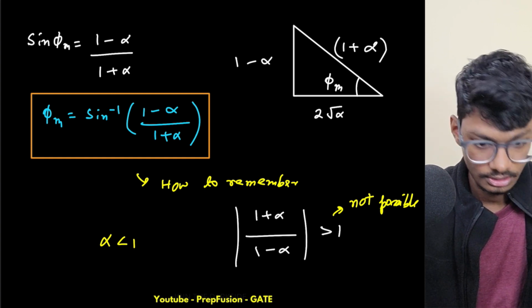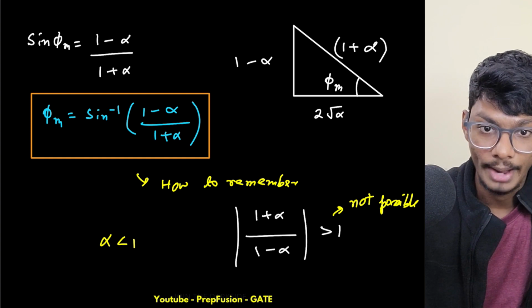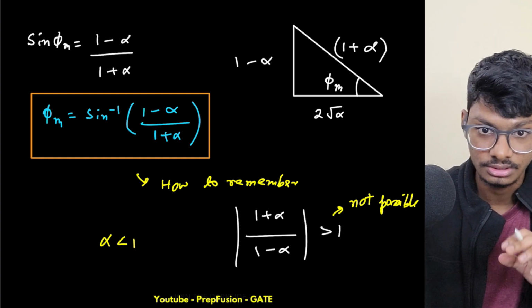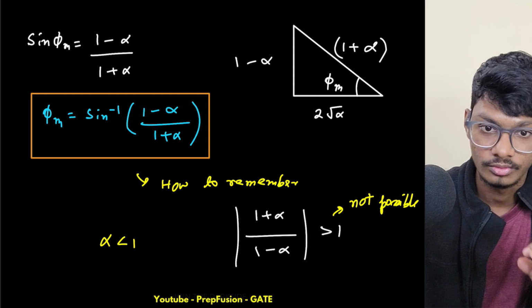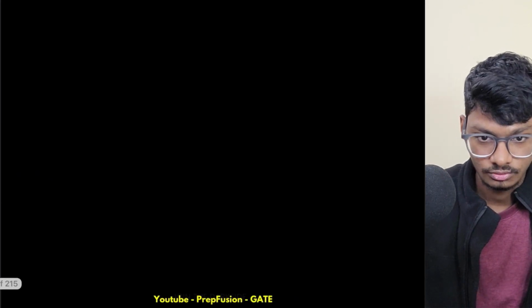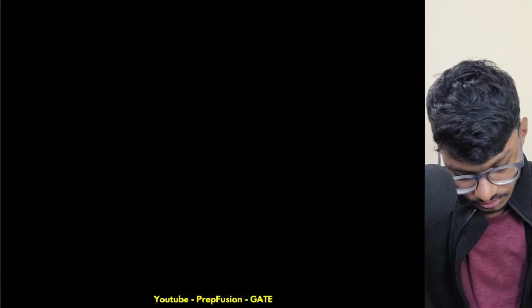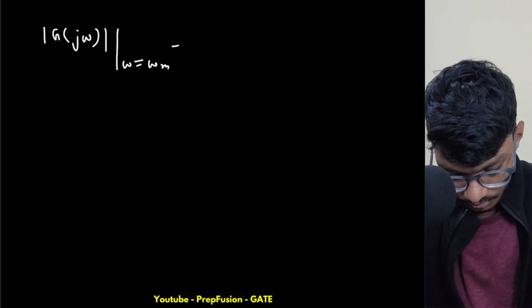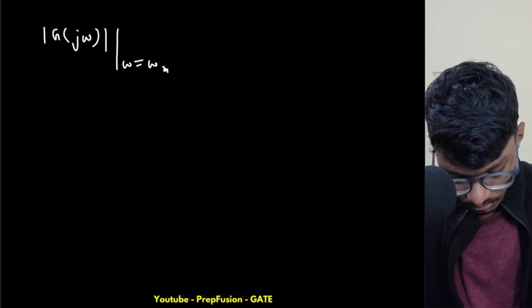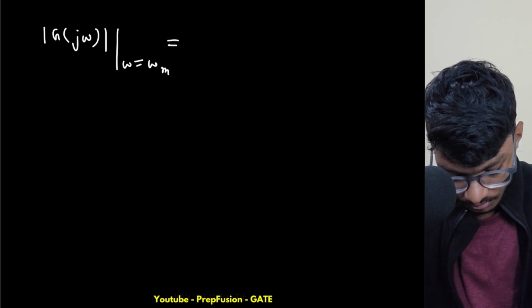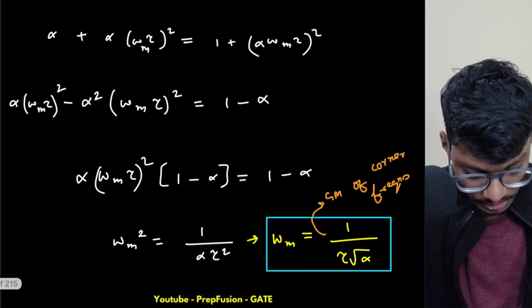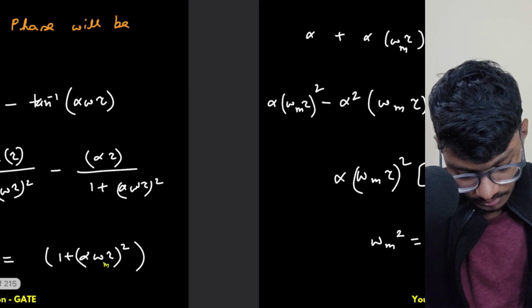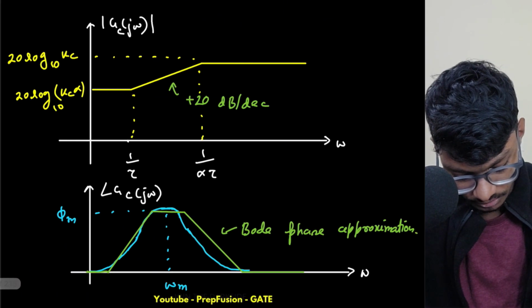Now what is the magnitude of my transfer function of my compensator at the frequency of maximum phase? Let me write the magnitude: G of j omega at omega equals omega m. Where is the magnitude?